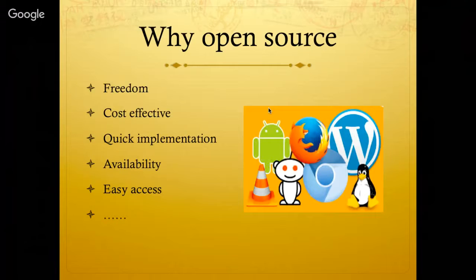Why do we use open source? Because open source is free to use. People can access open source easily and use it for themselves. It also costs less money to use open source to develop or improve applications or other things.